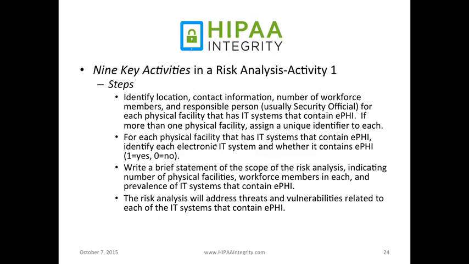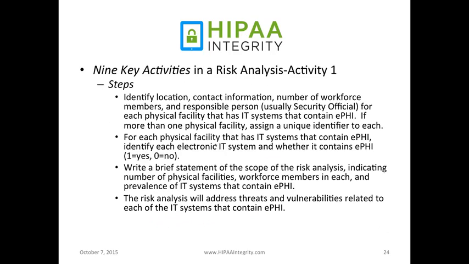Here are the steps to accomplish activity 1. You have to identify the location, contact information, number of workforce members, and a responsible person, who's usually going to be the security official, for each physical facility that has IT systems that contain EPHI.